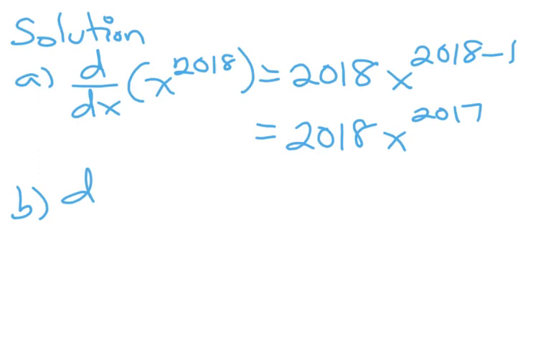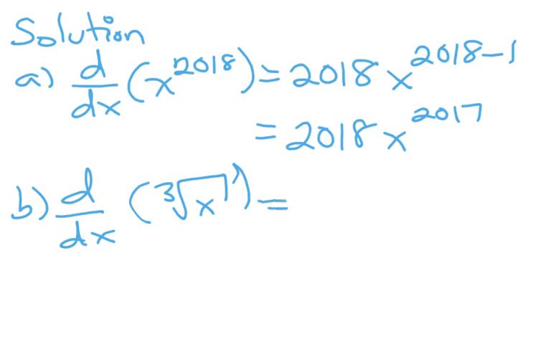For b, here we have to be a little bit more careful, and here's where it is incredibly important that you understand and know the way of going from a radical to an exponent. So this is equal to the derivative of x to the power of 1/3.